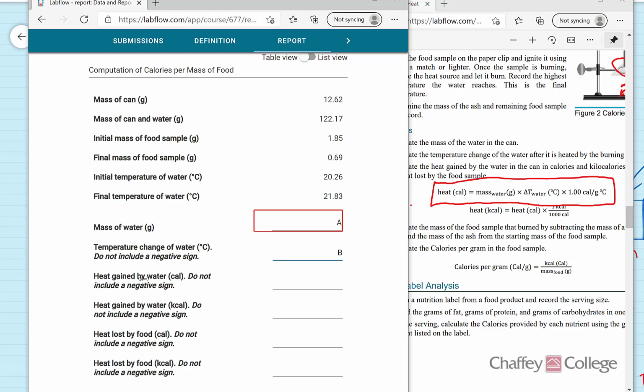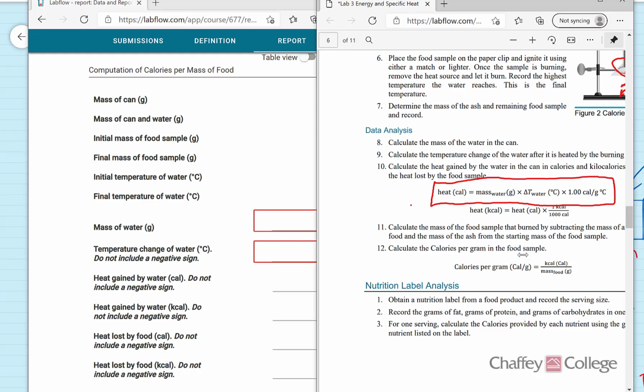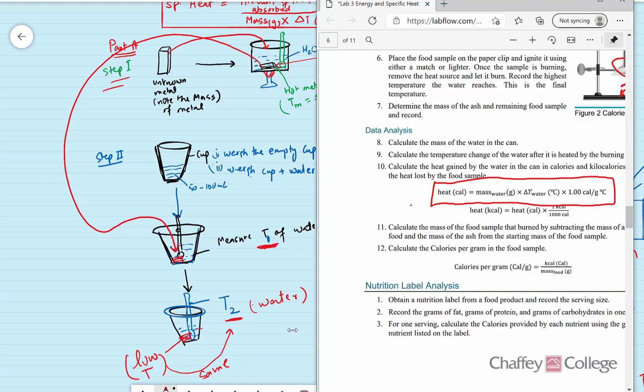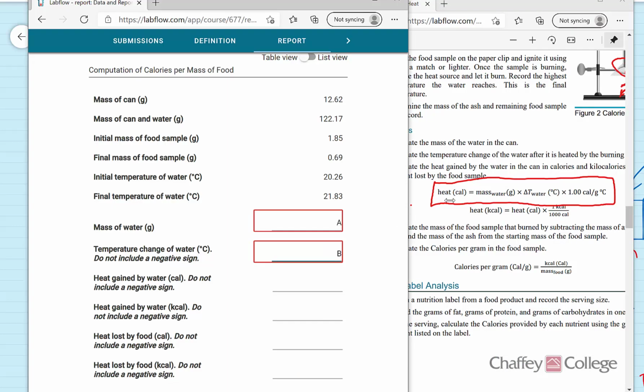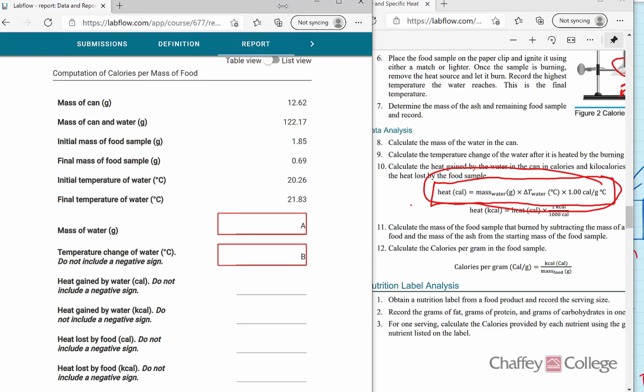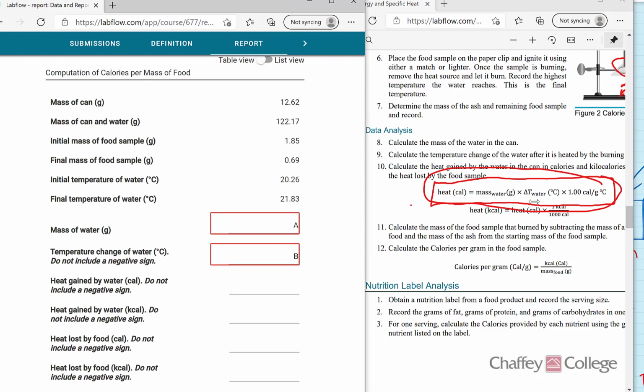Okay, next is heat gained by water in calories. Do not include the negative sign. The formula to calculate the heat gain is this one. In order to calculate the heat, we need to know the mass of water, which we already know, that's A. We need to know the delta T of water, which we already know, that's B, and then we need to multiply with 1.00.